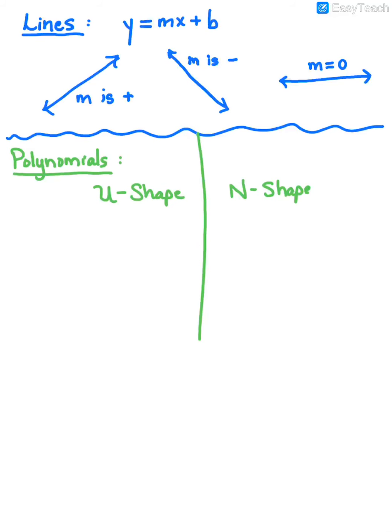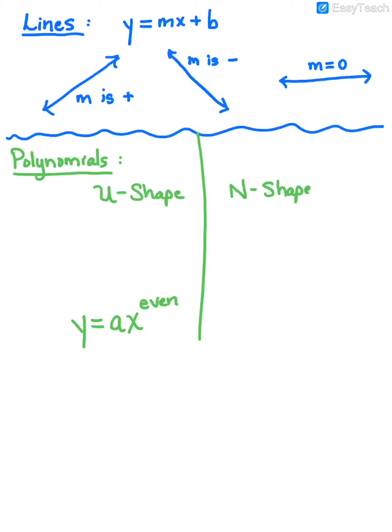Now, with a polynomial, you have y equals a, which is just some coefficient, and then you have x raised to a power. And if that power happens to be even, that is when you will have U-shaped graphs.